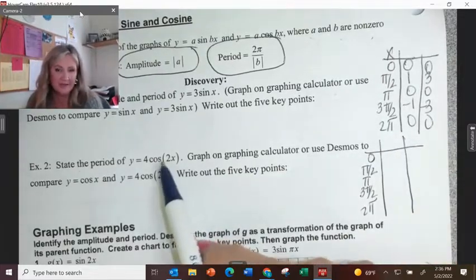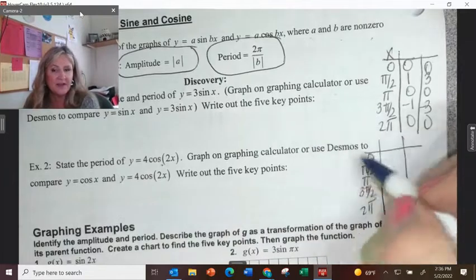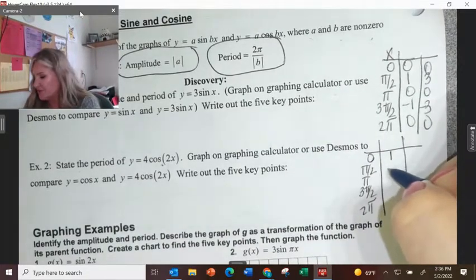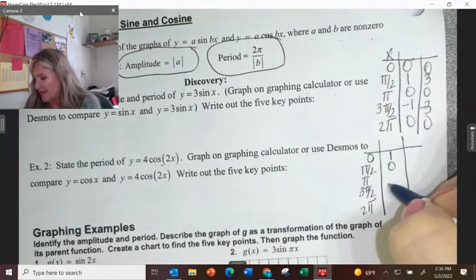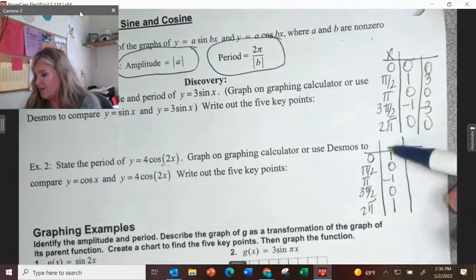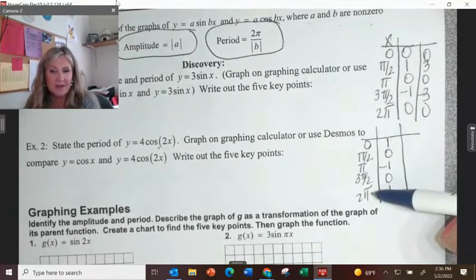For cosine, how do those y values go for cosine? What's the cosine of 0? Pi over 2. 0. Next one. Keep going. Good. This is 1 period. So normally 1 period is from 0 to 2 pi, right?